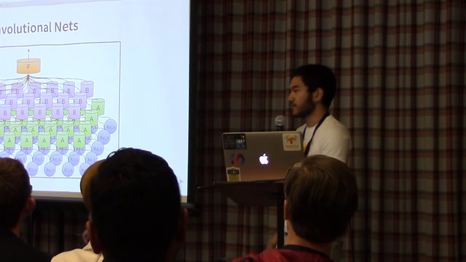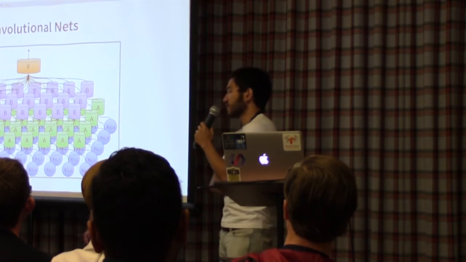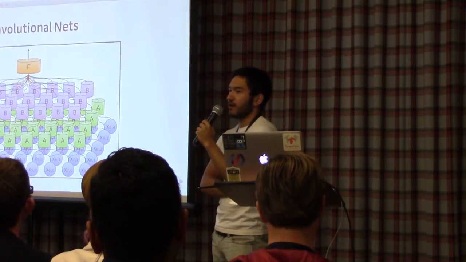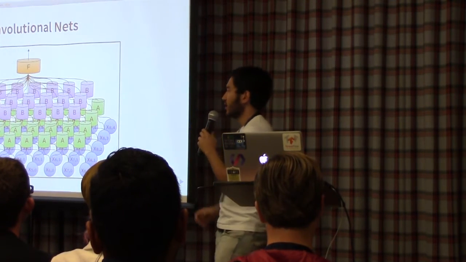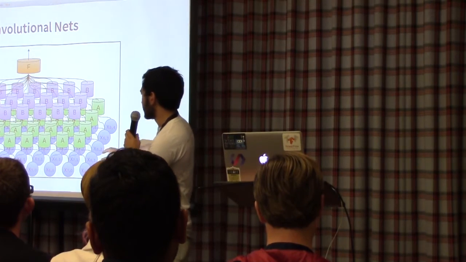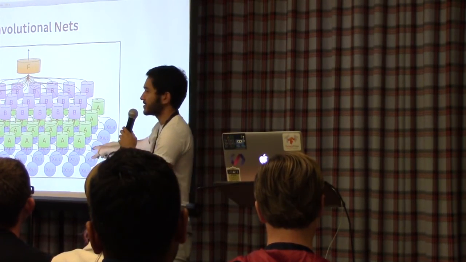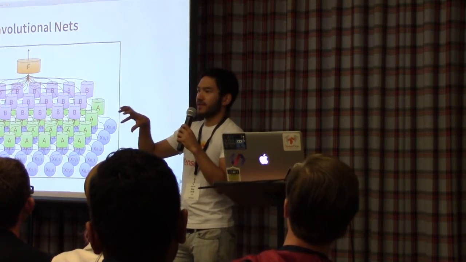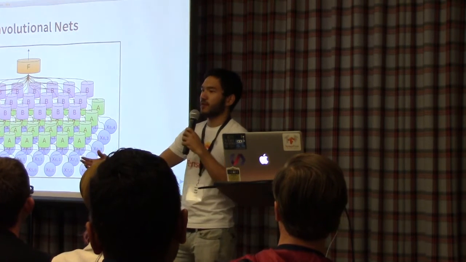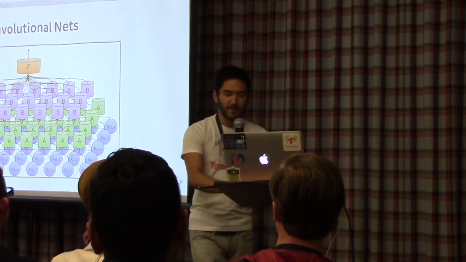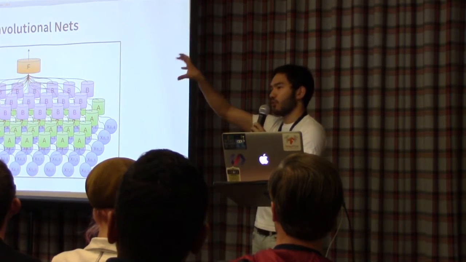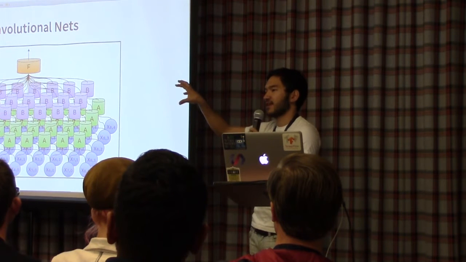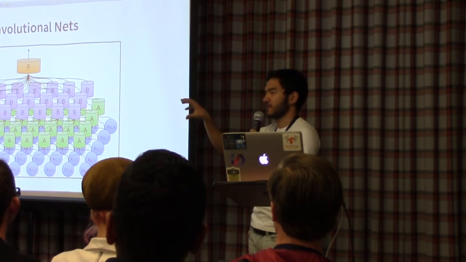For example, convolutional nets. These are really useful in image recognition or any time when there's repeated structure. The way it basically works is you're going to tie a lot of the same weights. If you imagine that I'm showing you an image, if we were just doing the feed-forward neural nets with the layers like in the previous diagram, you would need to learn anew for every portion of the image what an eye looks like, what an edge looks like, what a curve looks like.